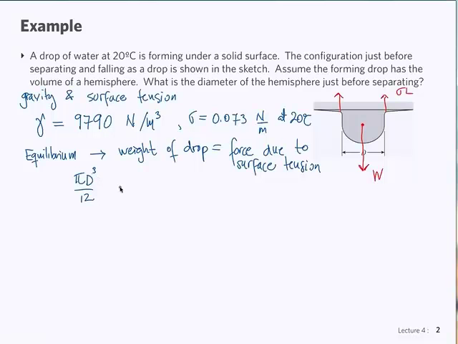They're available in case you forget. This is d cubed multiplied by the specific weight. Now the key here is to get your surface tension force correctly. So, what is the line of action of that surface tension? Very good. The circumference. So it's pi times the diameter, the circumference, times surface tension.